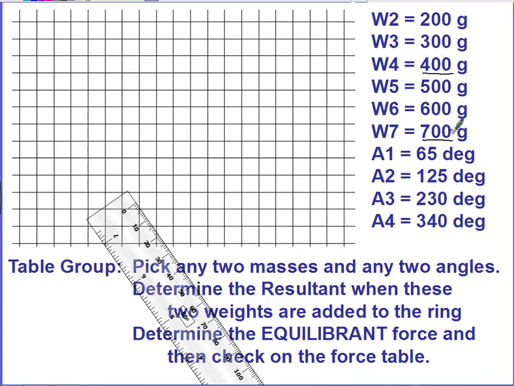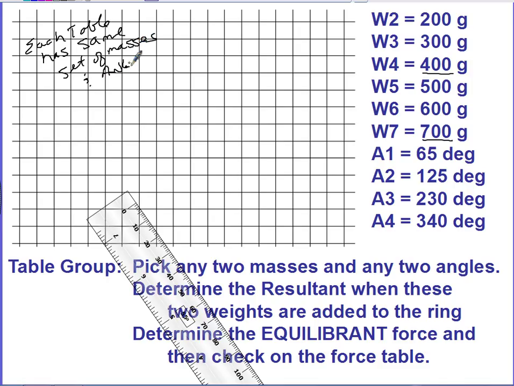And I want you to choose 2 different angles. Now, each table needs to do the same set of values, because I want you to have one solution. So each table has the same set of masses and angles.